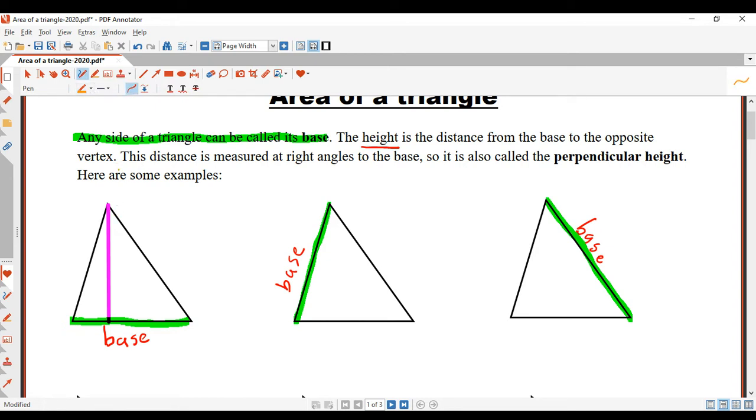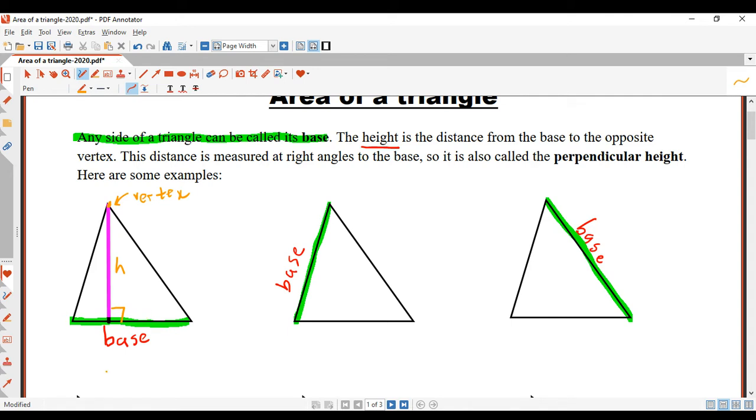This corner here is called the vertex. Now this here is the height, H for height, and this angle here is 90 degrees. We use a little box for that. We've seen that before. Now that pink vertical line there is called the perpendicular height. Perpendicular height means a height which is at 90 degrees to the base.